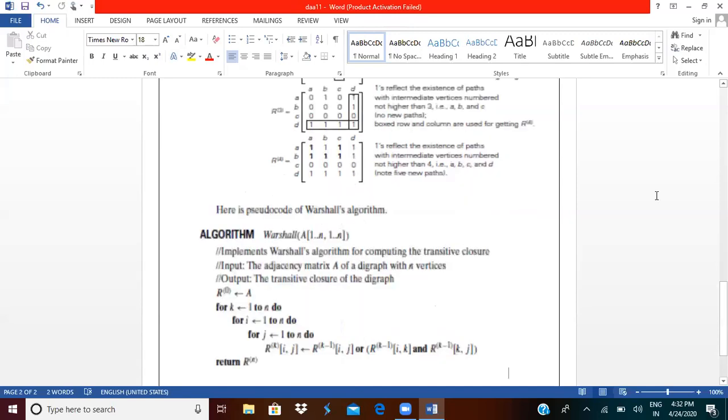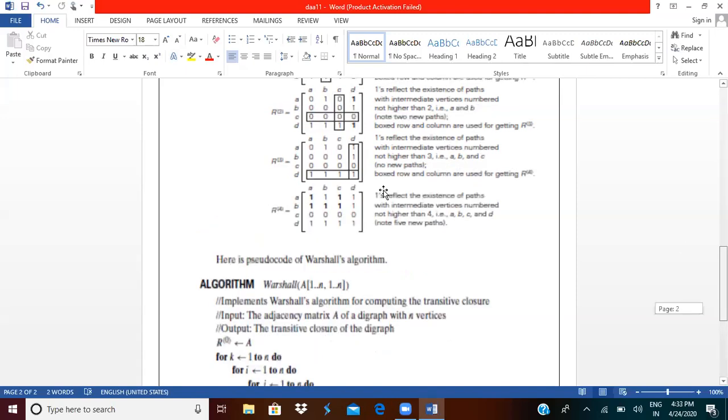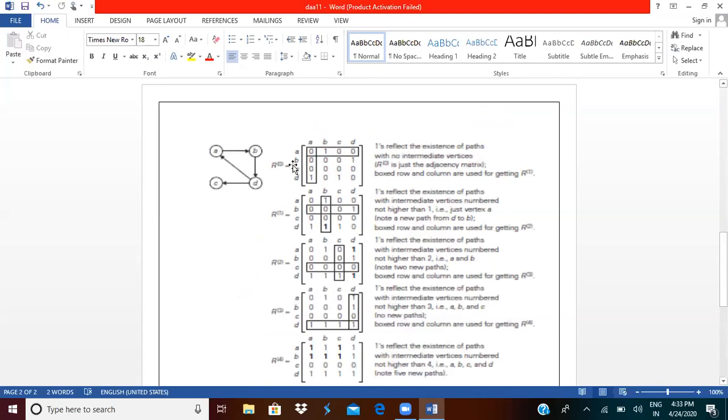And remember, AND means Boolean multiplication. You would have studied it in ADE: 0, 0 is 0; 0, 1 is 0; 1, 0 is 0; 1, 1 is 1. Again I'm going to take R0 of K comma J, with K value 1 and J value 1, R0 of 1 comma 1.